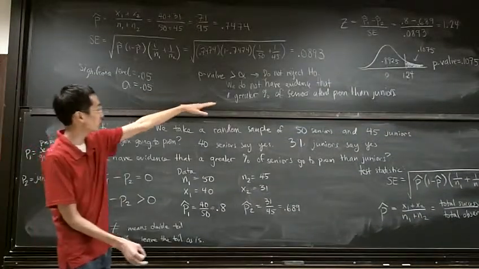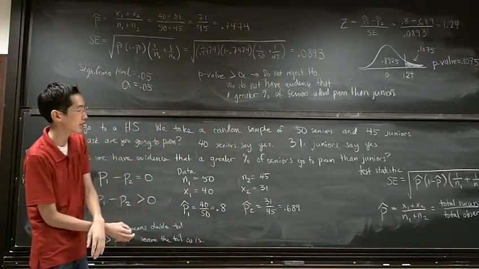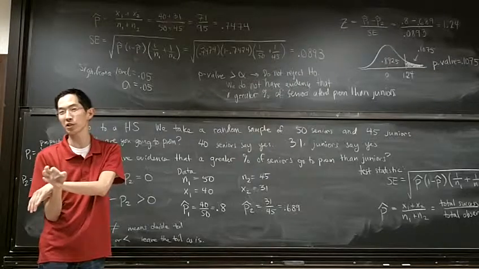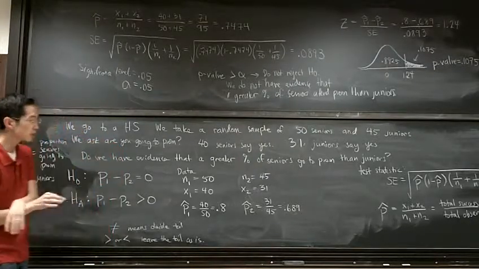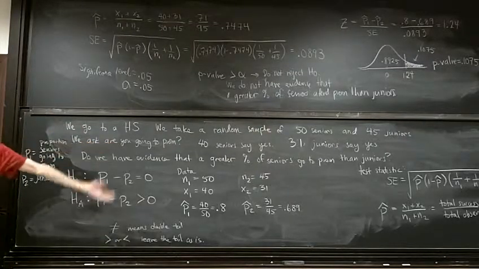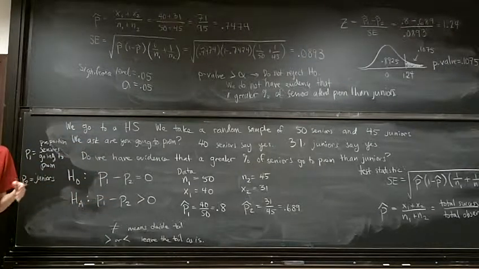Okay. So this says we do not have evidence that a greater percentage of seniors attend prom than juniors. Does that mean the same percentage of seniors attend prom as juniors? No, it just means that when I took a sample of 50 seniors and 45 juniors and got this, that's not enough data to say more seniors go than juniors.